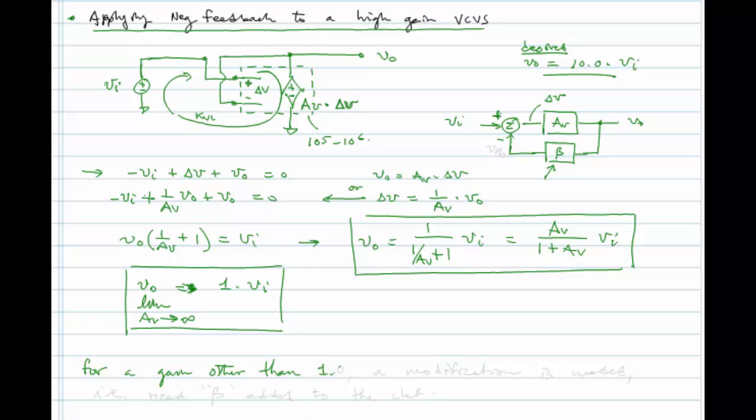All right. So for a gain other than 1, a modification is needed, i.e. we need beta added to the circuit.